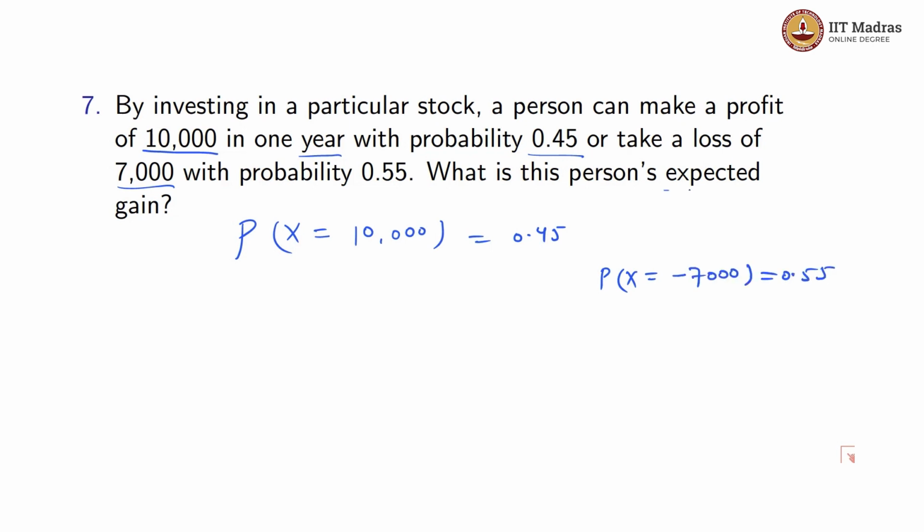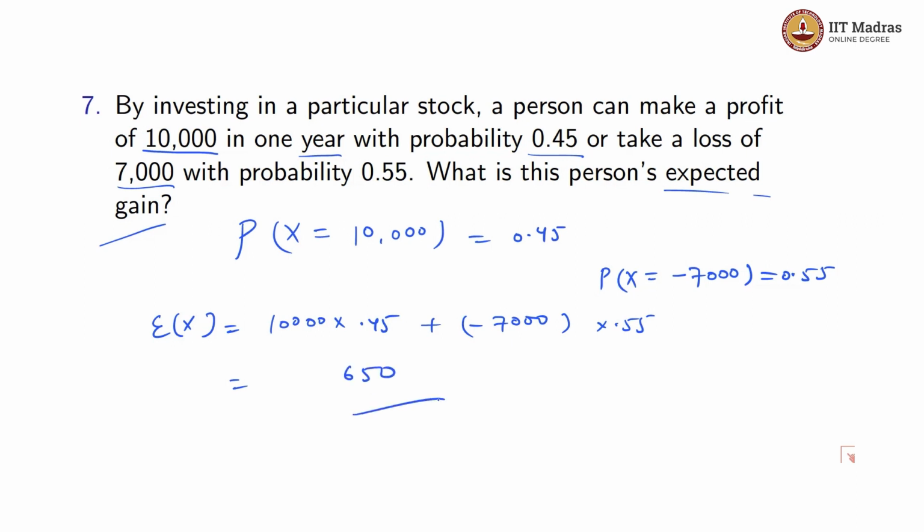What we have as expected gain is nothing but E of x. So it is taking value 10,000 with probability 0.45, and value minus 7,000 with probability 0.55, which is nothing but 650. So this will be our answer. The expected gain will be 650 rupees.